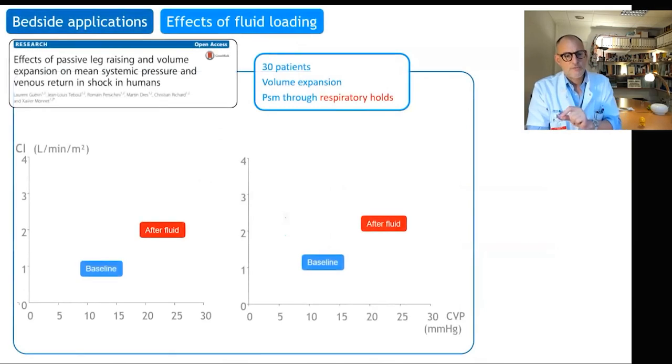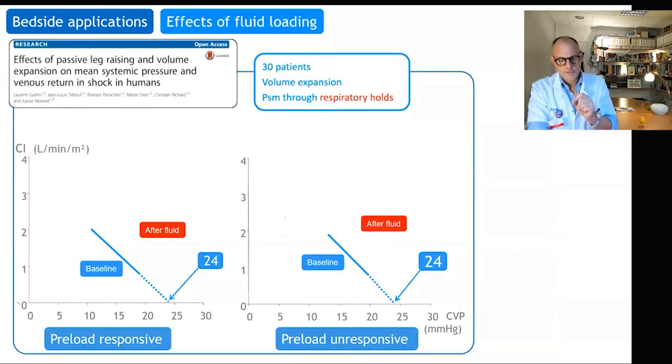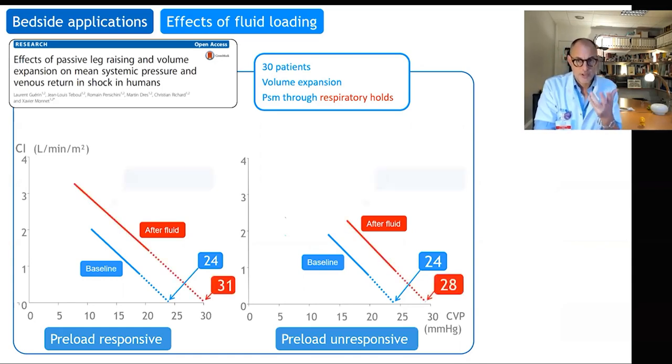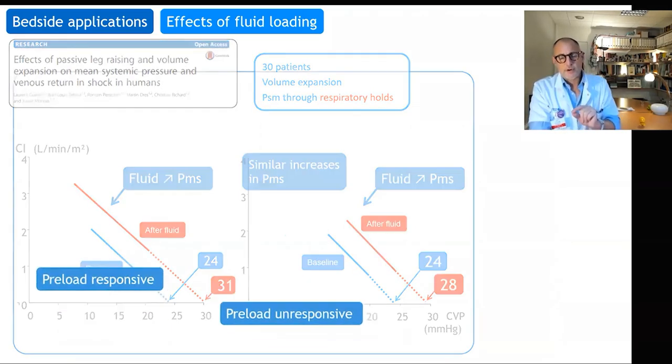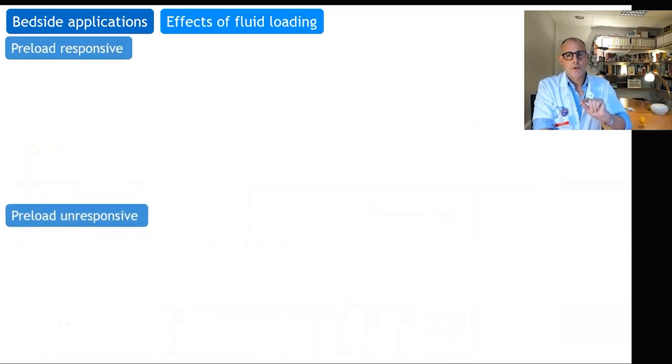The physiology of venous return tells us that, as we showed in this study, for instance, when you give fluid, you increase the forward pressure of the venous return, the mean systemic pressure, significantly, both in responders and non-responders. What is the difference between responders and non-responders?